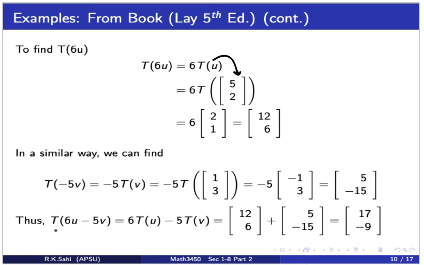Now let's look at the last one, T of 6u minus 5v. It's the same as 6 times T of u minus 5 times T of v, because here we are applying the definition of linear transformation. We already have the values 12 and 6 plus 5 and minus 15. So the final answer is 17 and negative 9.